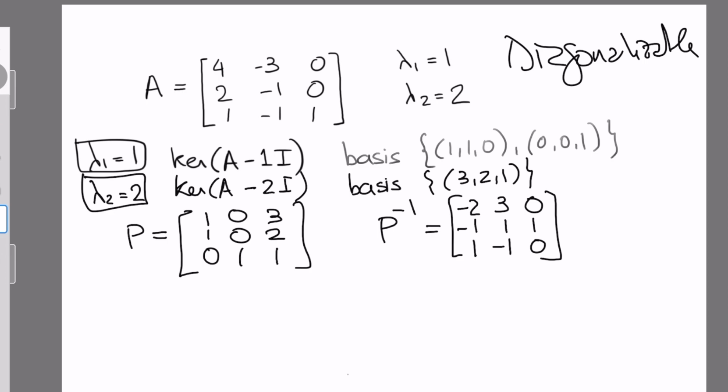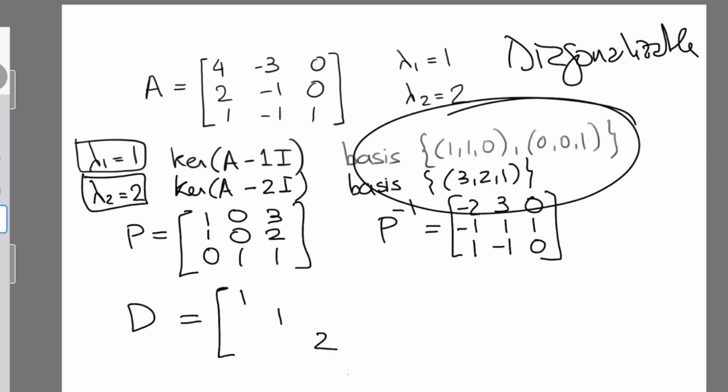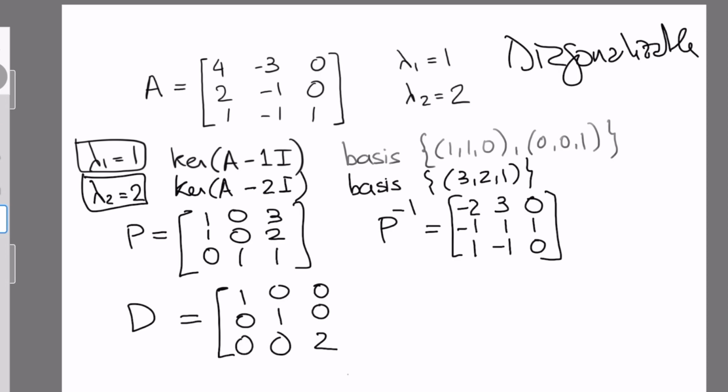And then the diagonal matrix is just the matrix that has the eigenvalues in the diagonal. Remember that the eigenvalue 1 appears twice, right? So it would be 1, 1, 2. These are the eigenvalues in the same order as the bases here, and zeros everywhere else.